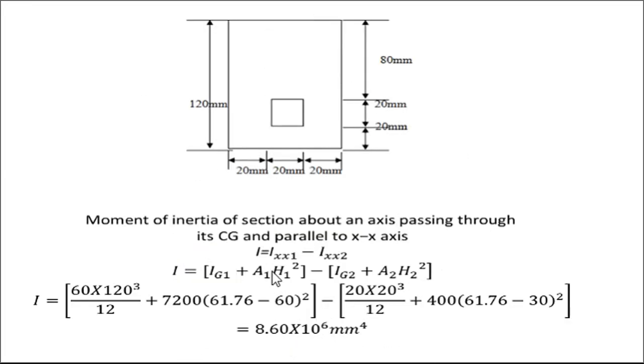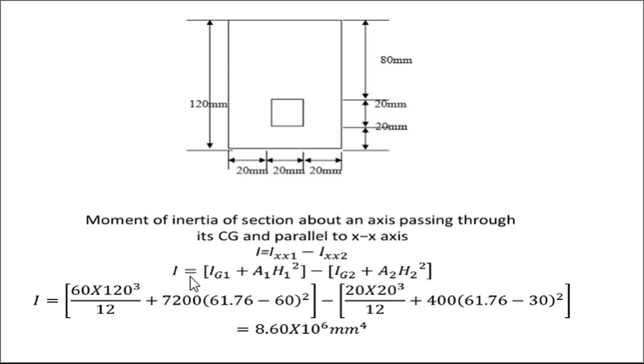After that, the moment of inertia of the section about an axis passing through its CG and parallel to the XX axis. That moment of inertia of the whole section we can find by using the formula Ixx1 minus Ixx2. Why is it minus? Because there is a square hole, so we have to subtract the moment of inertia of this square hole, and then we get the moment of inertia of the remaining section.